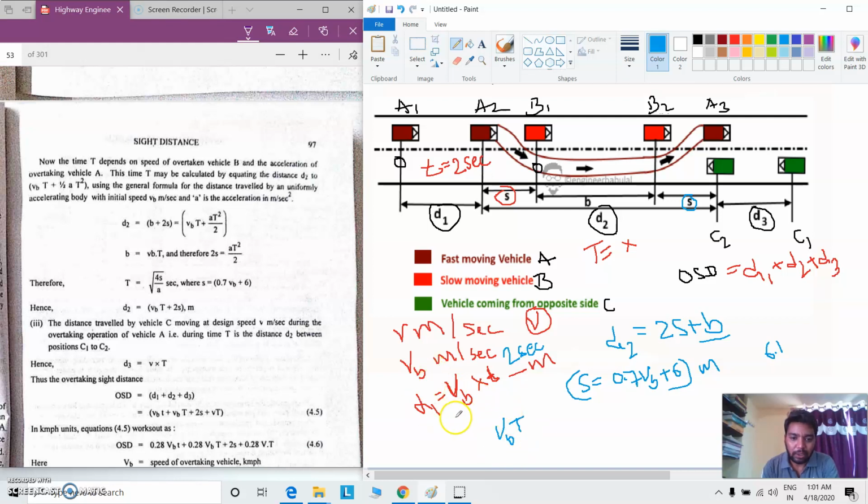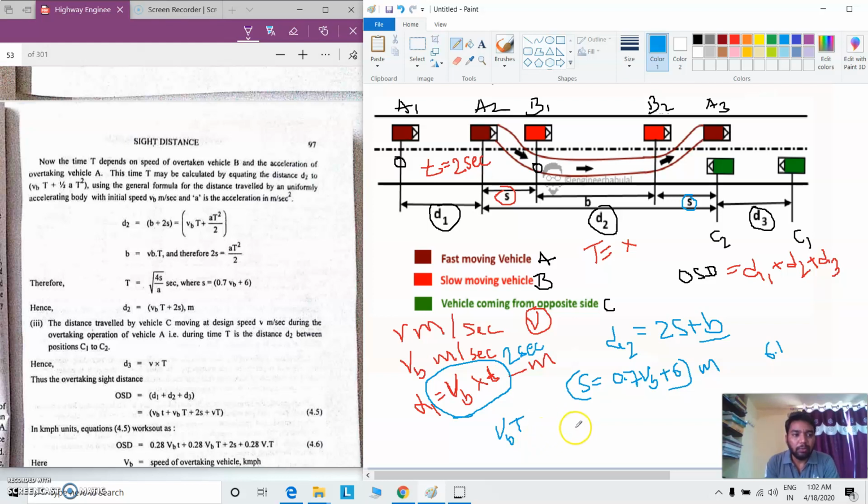As we calculated from distance d1, the vehicle travels with vb during the reaction time t of the driver, but here from b1 to b2 the vehicle is moving with design speed vb, but it takes an actual time t. It is not determined previously, because it depends on many factors. So here the basic physics is to be considered.